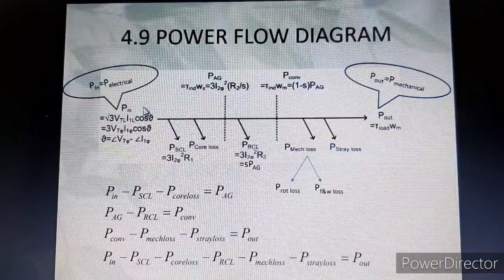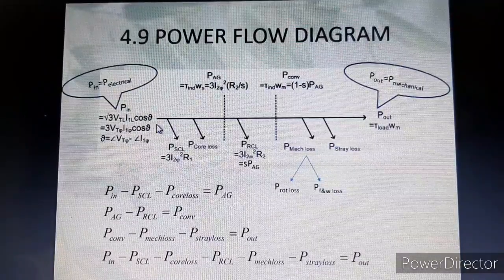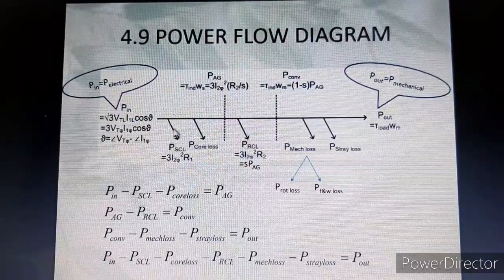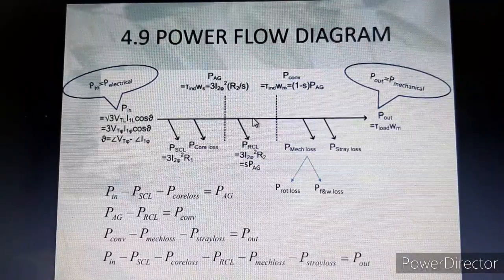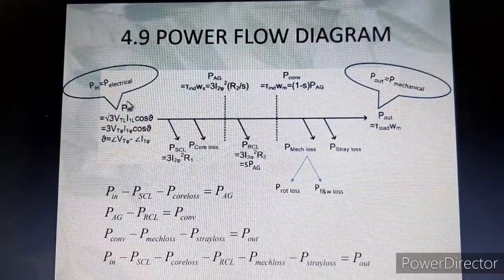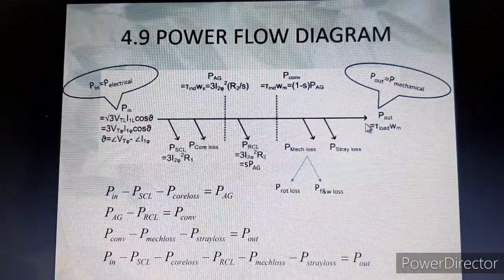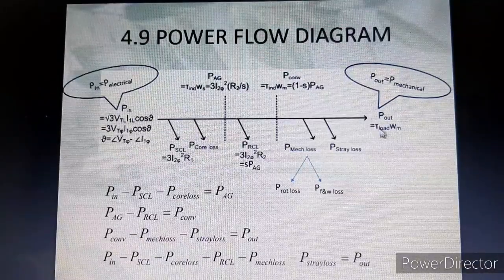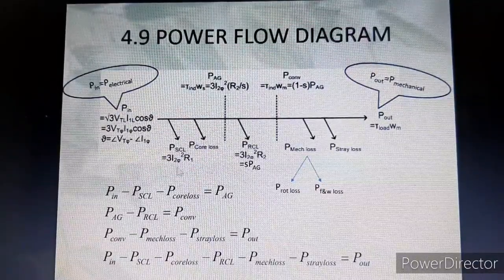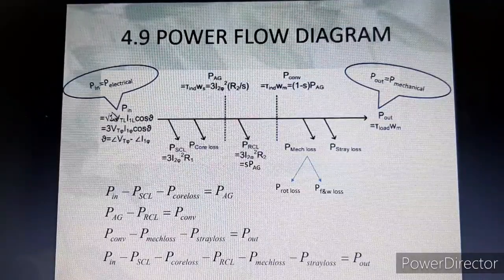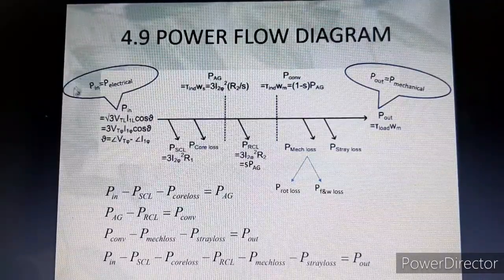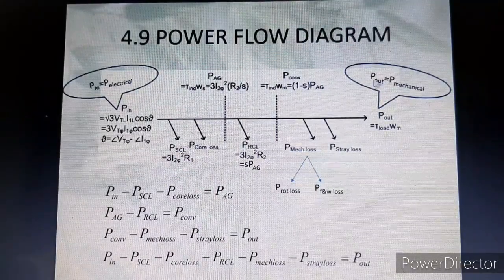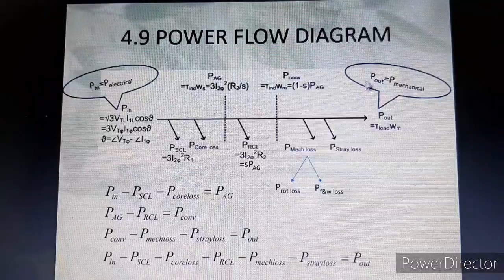As you can see, it starts with the main straight arrow that goes from P in to P out. This is your P in, this is your P out. Theoretically, we want to convert 100% of your input electrical power to mechanical power at the output.